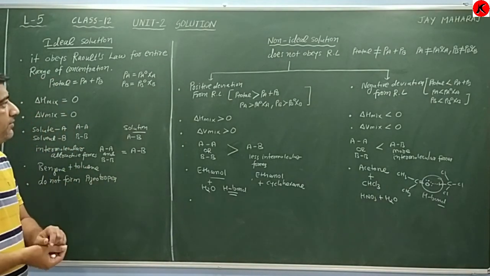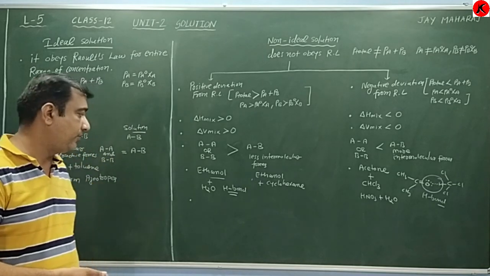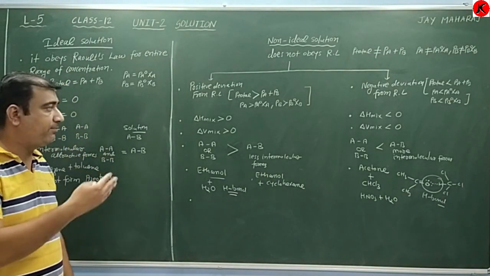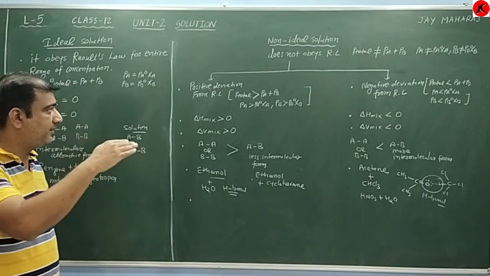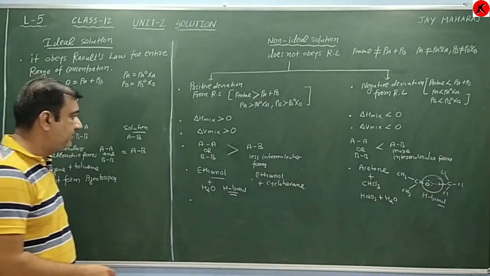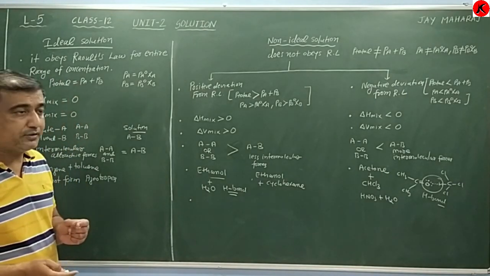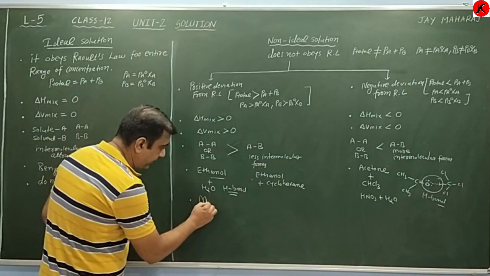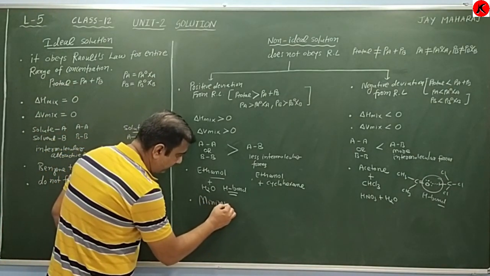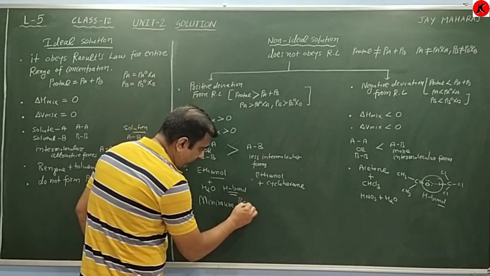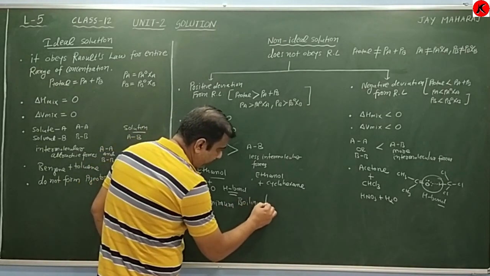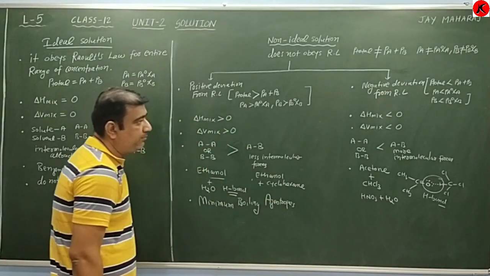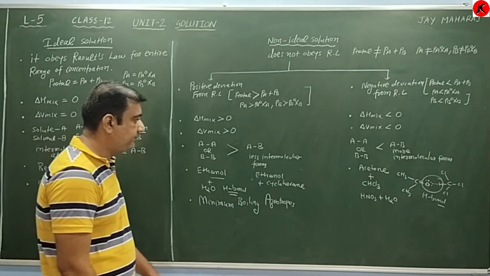Now, a solution having positive deviation from Raoult's law has more vapor pressure, which obviously means the boiling point will be less. So this type of solution forms minimum boiling azeotropes.